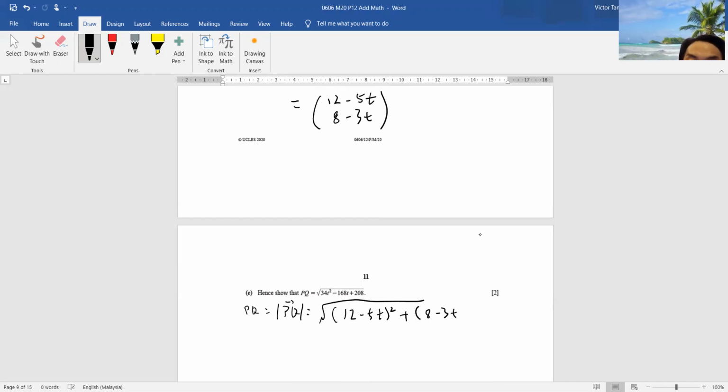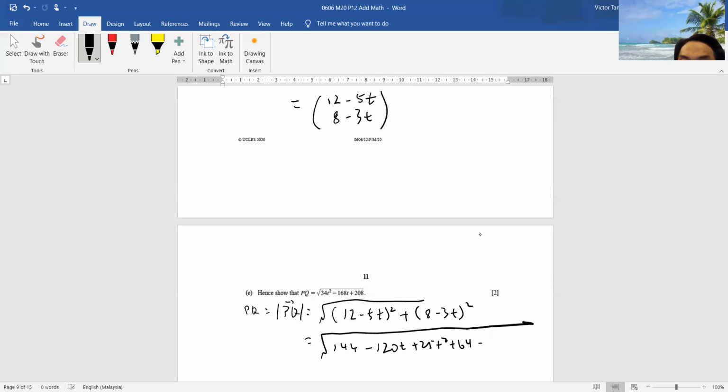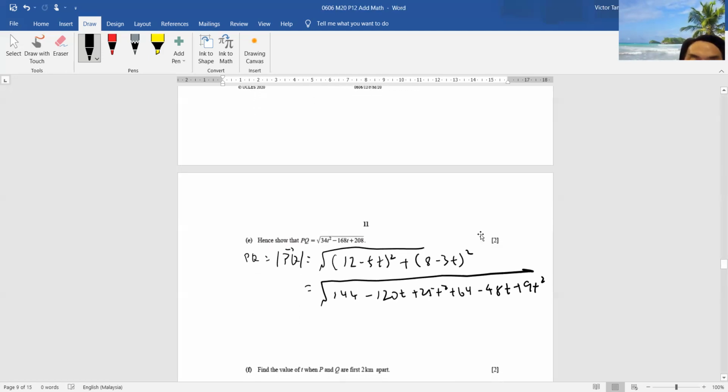So you need to expand: 144 minus 120t plus 25t squared plus 64 minus 48t plus 9t squared. Simplifying this, you should get the answer that you want. So this is 34t squared, 25 plus 9. Minus 120 minus 48 is minus 168t. 144 plus 64 is 208.